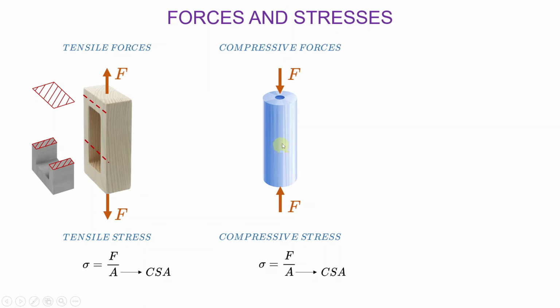Okay, it's the same throughout. It doesn't matter where we cut it, we will have the same cross-section. And so the cross-section area will look something like that. As you can see, it is a circle with a hole in the middle. Okay, and so this is what the cross-section area of this tube looks like.